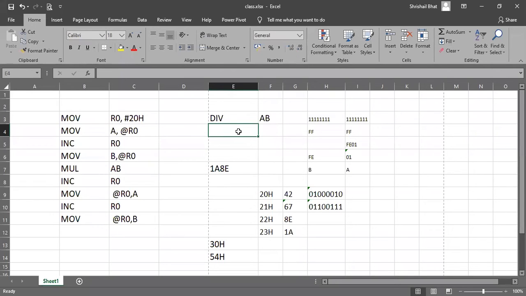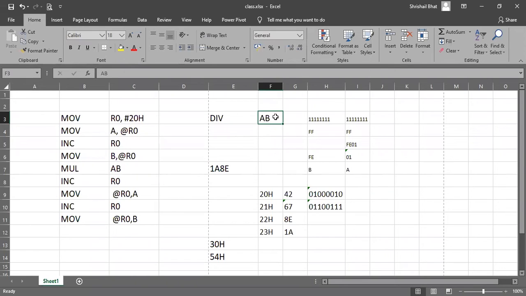This will divide A by B, and the quotient will be stored in A and the remainder will be stored in B. Here, A is an 8-bit register, and B is also an 8-bit register. So when you divide an 8-bit number by another 8-bit number, the quotient will be a maximum of 8 bits.